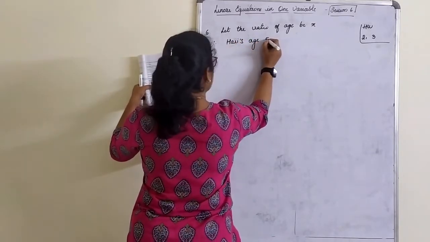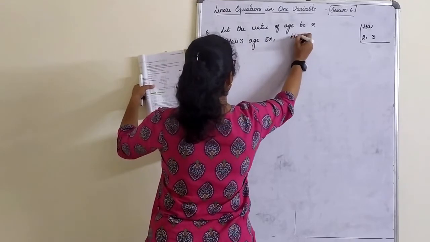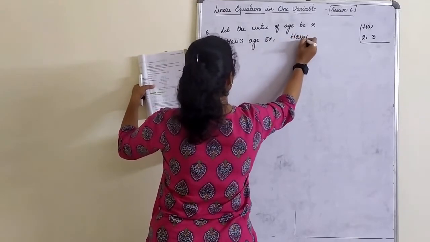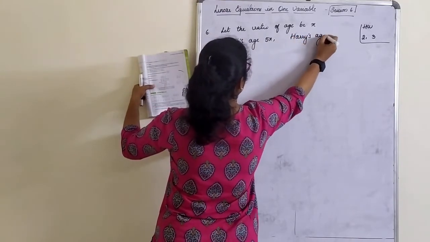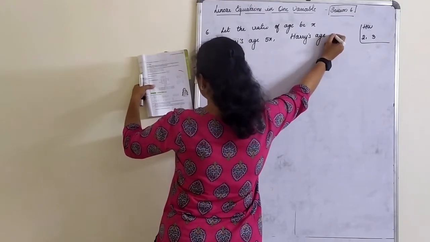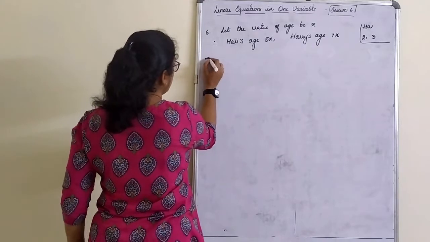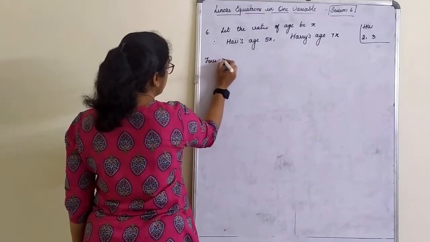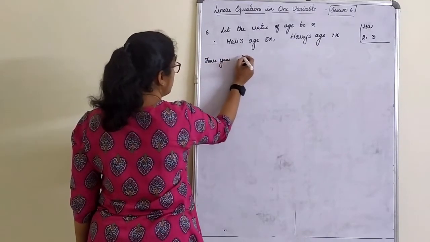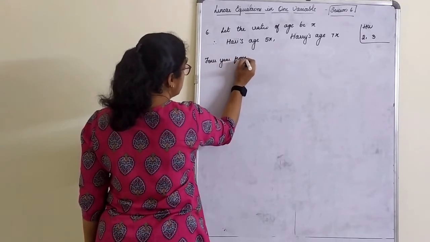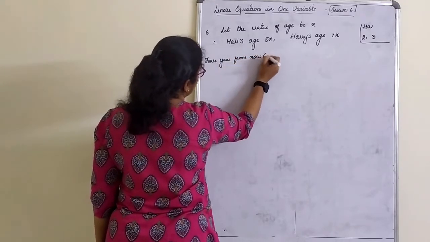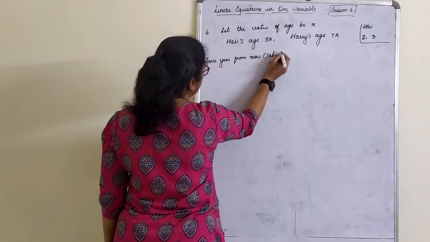Hari's age is 5x and Harry's age is 7x. Okay. 4 years from now means 4 years later.